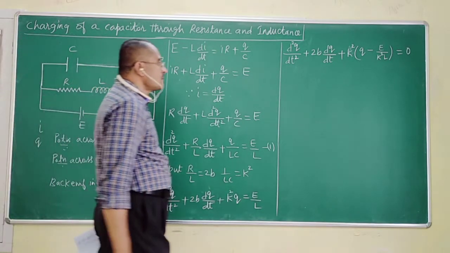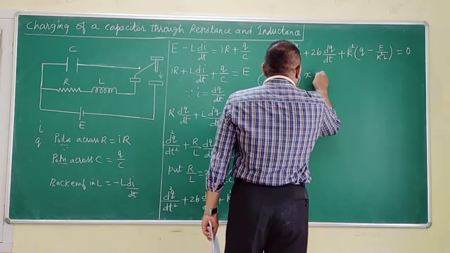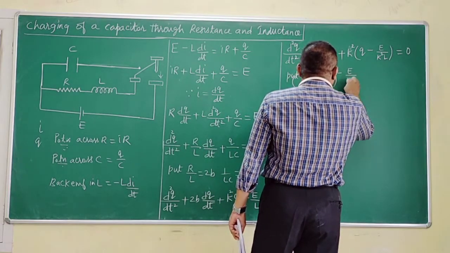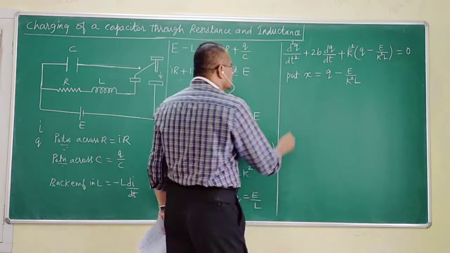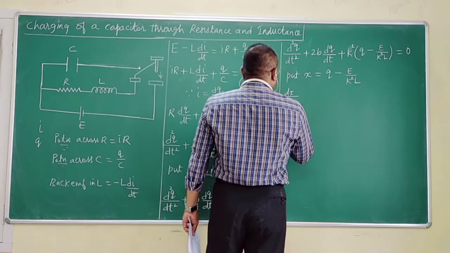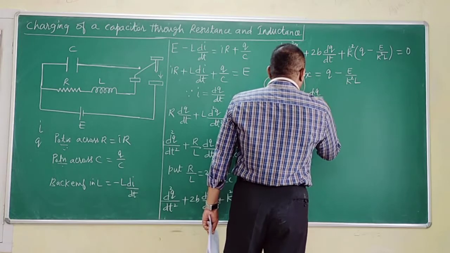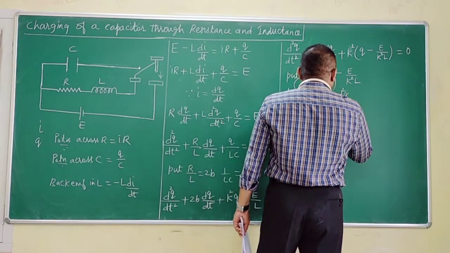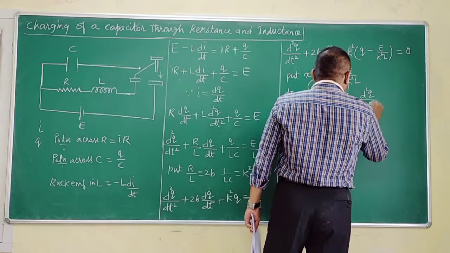Now, put x is equal to q minus E by k squared L. Therefore, dx by dt will give me dq by dt, d squared x by dt squared will be d squared q by dt squared.